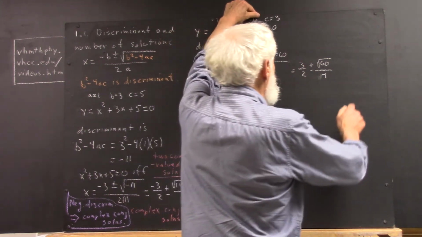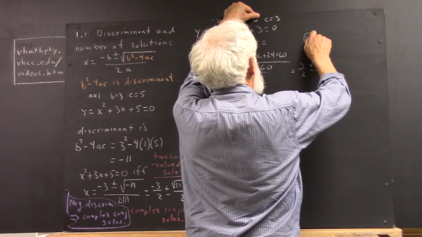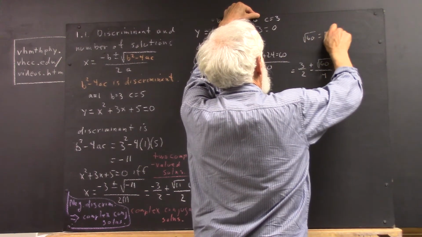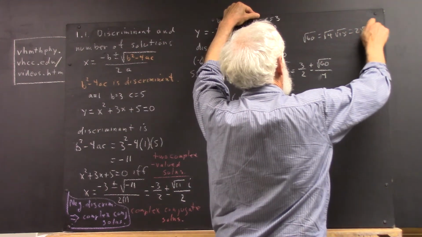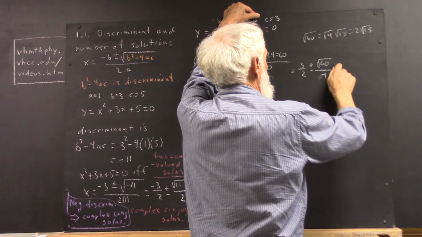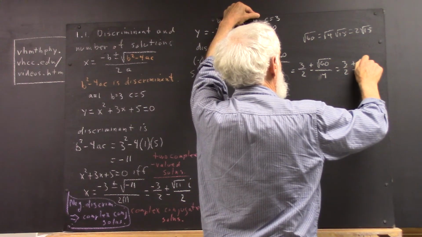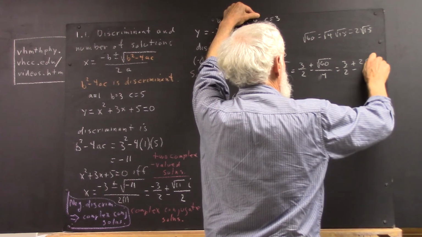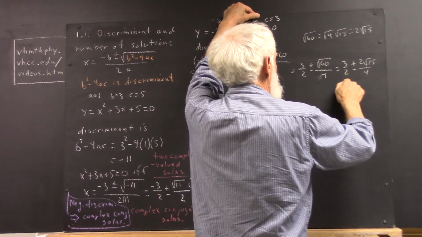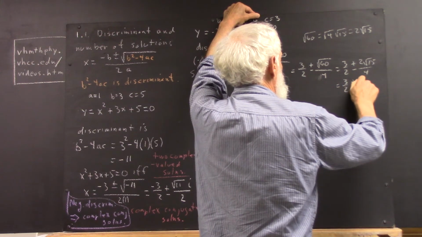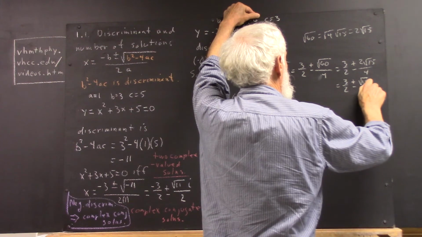So this equals, of course, square root of 60 is the square root of 4 times the square root of 15, which is 2 times the square root of 15. So this is 3 halves plus or minus 2 square root of 15 over 4, which is 3 halves plus or minus the square root of 15 over 2.